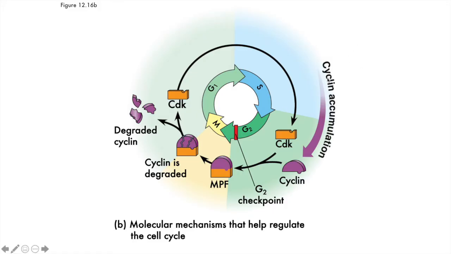So the cyclins are this purple shape, and the CDKs are this orange shape. As the cell ages and gets ready to undergo a new round of mitosis, more cyclin is produced, more purple shape. MPF is the combination of cyclin plus CDK. MPF equals cyclin plus CDK.